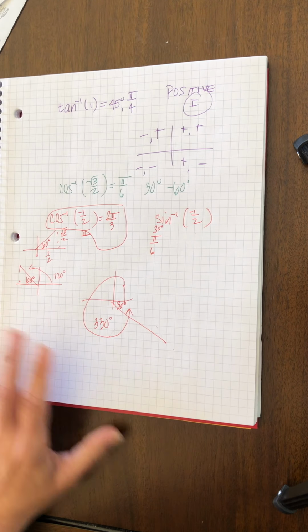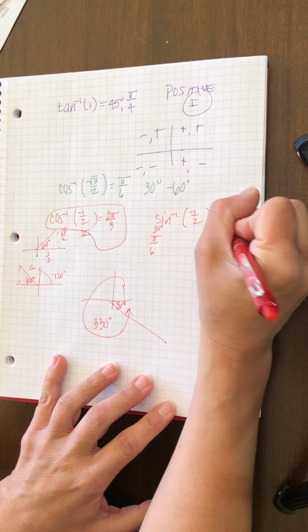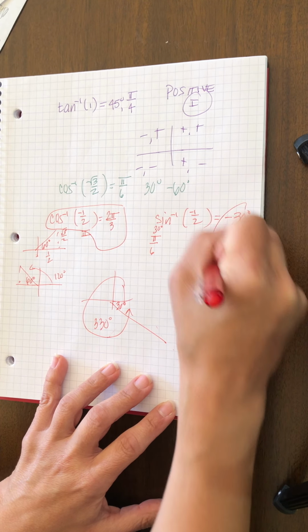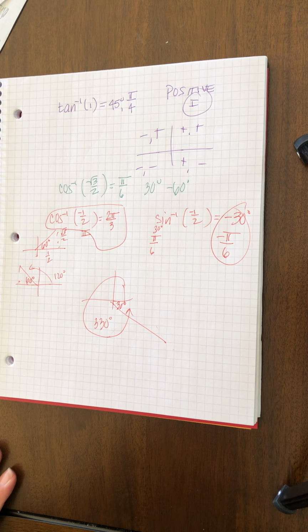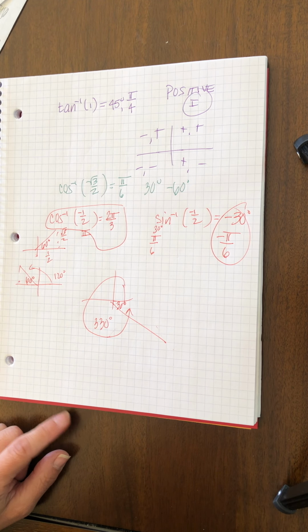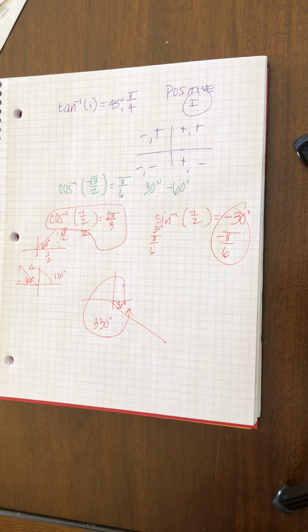But you know it is negative 30 degrees. So you're going to fail the vertical line test if you go outside of those graphs.